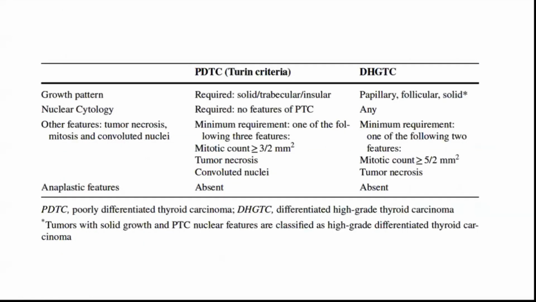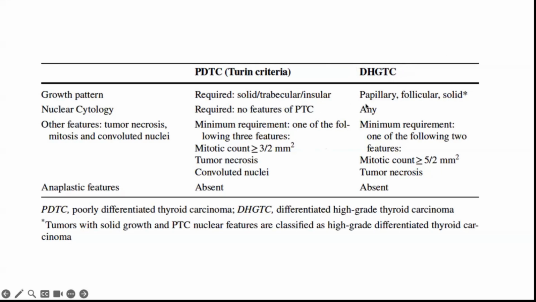So when we're going into PDTC, we all have to know about the Turin criteria and how it is different from differentiated high-grade thyroid cancers. In PDTC, there should not be any feature of PTC.